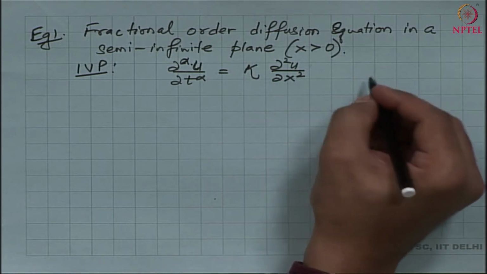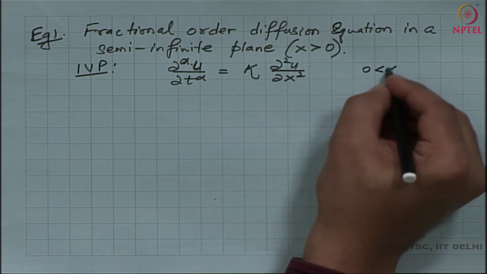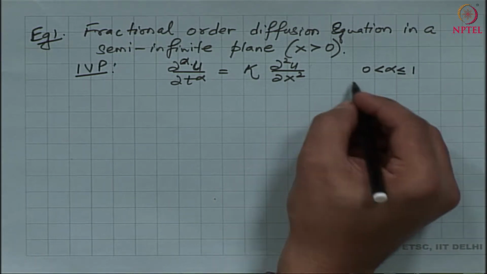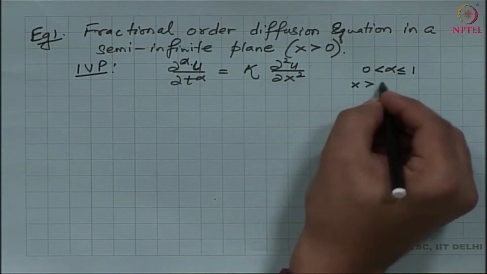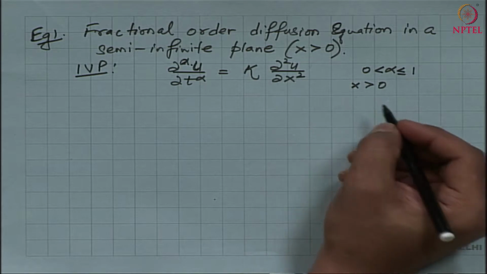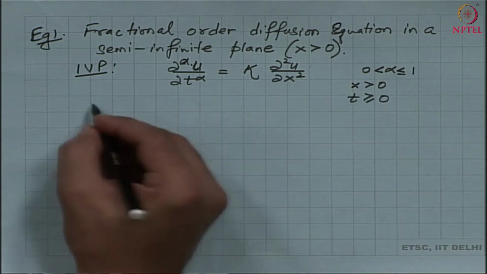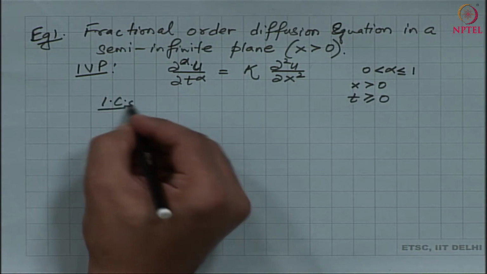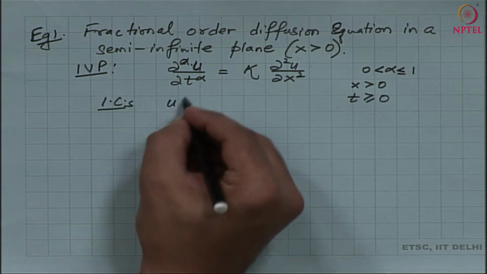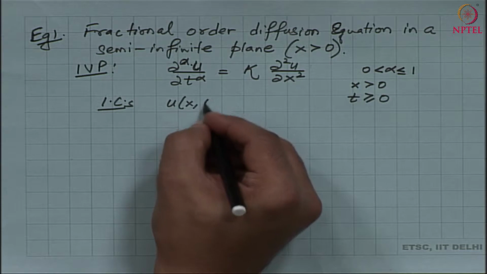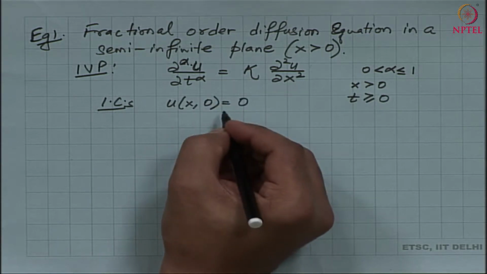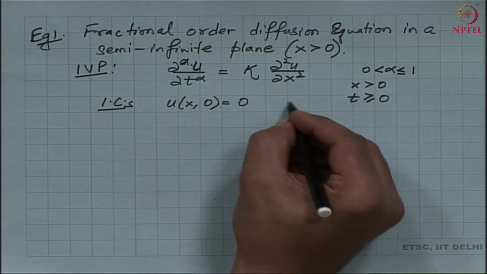Of course, alpha is between 0 and 1, x is positive and t is non-negative. Then my initial condition is as follows: u of x at t equal to 0 is given to be 0 for all x.